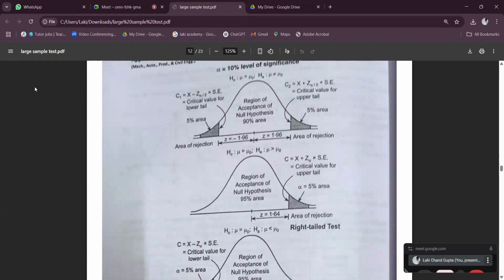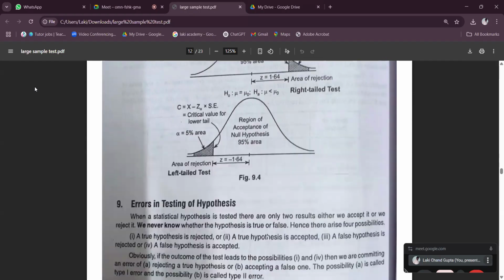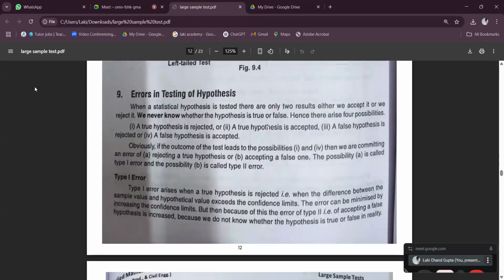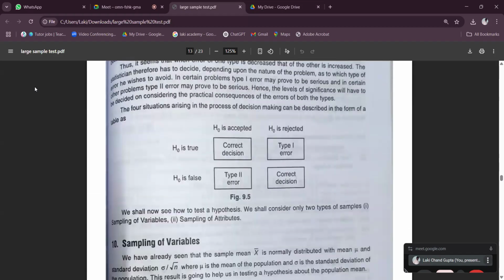I already told you what is acceptance region, rejected region, right? Yesterday we discussed error. What is error? If H0 is true and H0 is accepted, the decision is correct.